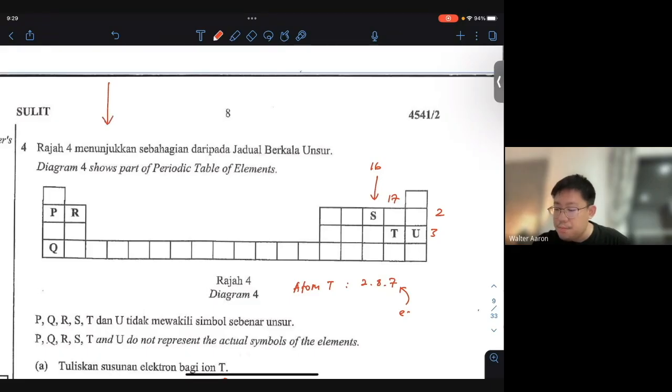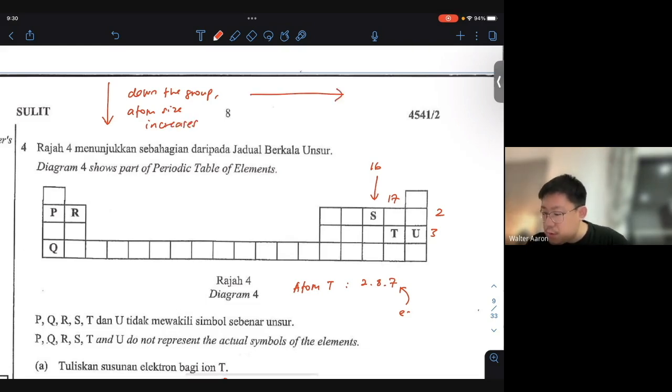Down the group, atom size increases. Across the period, atom size decreases.